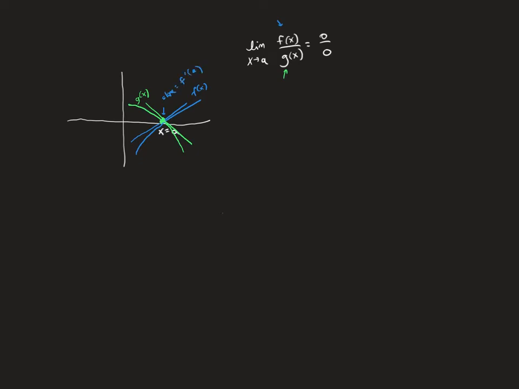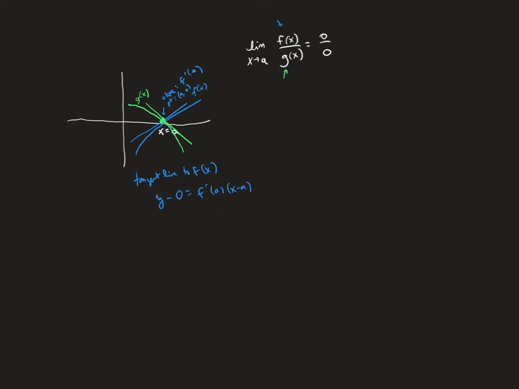And then the point there is going to be a comma 0. So if I write the equation of a tangent line to f of x at x equals a, that's going to be y minus 0 equals f prime of a times x minus a. So y equals f prime of a times x minus a.